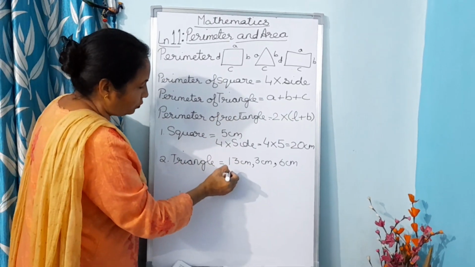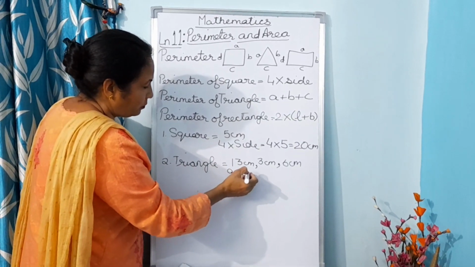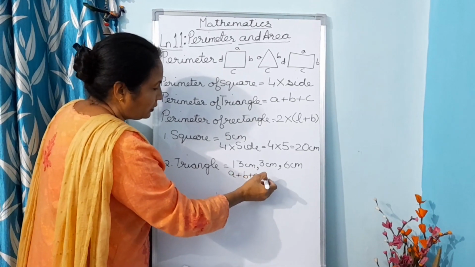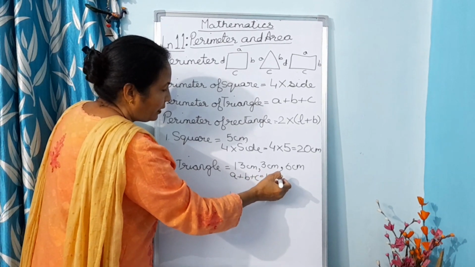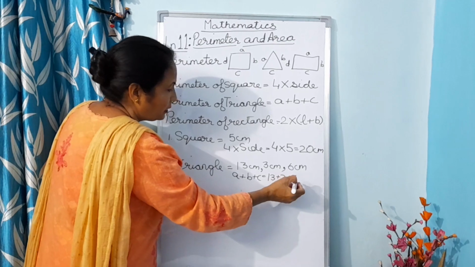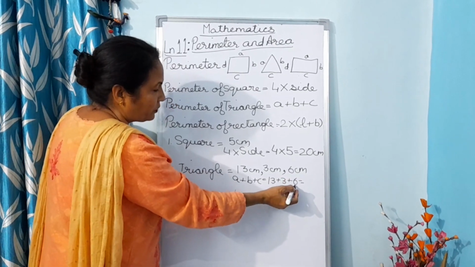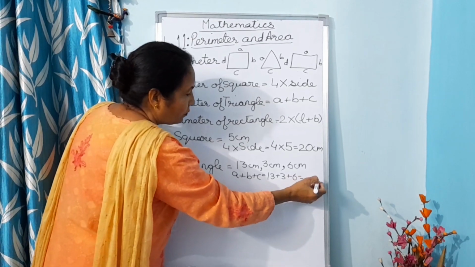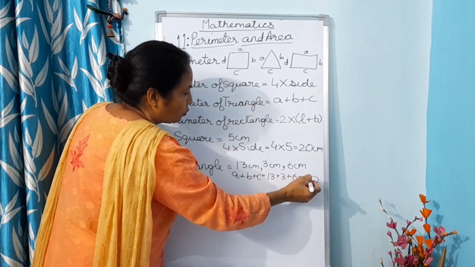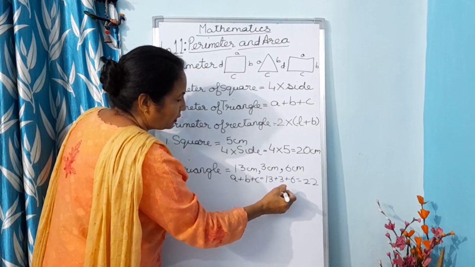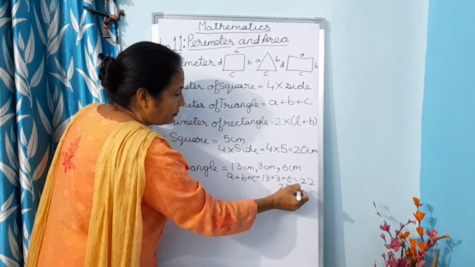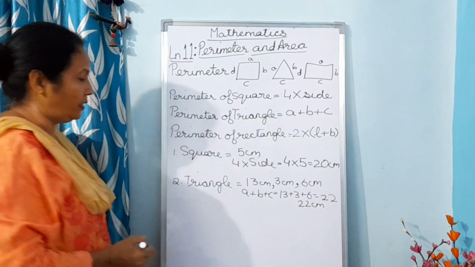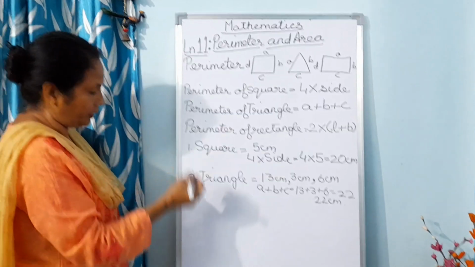You are going to A plus B plus C is equal to 13 plus 3 plus 6 is equal to how much? 6 plus 3, 9, 9 plus 3, 12 and 1, 2. So your answer is 22 centimeter. This is how you will find the perimeter of triangle.